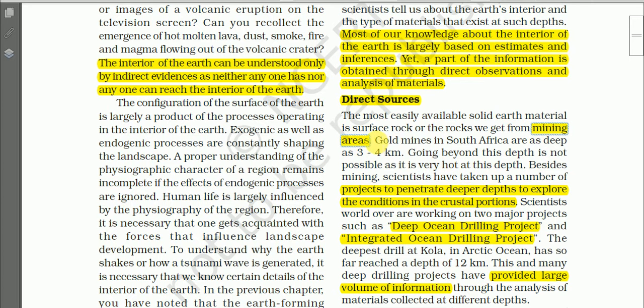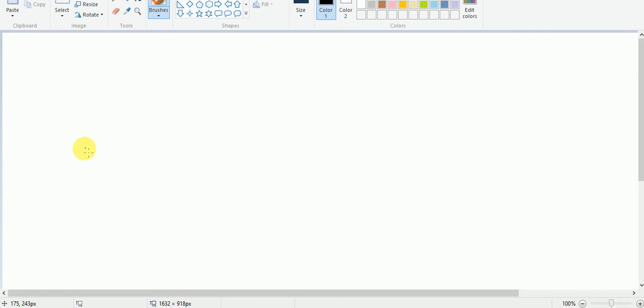For example, gold mines in South Africa are as deep as 3 to 4 kilometers. Going beyond this depth is not possible as it is very hot at this depth. Let me draw. For example, this is the surface, and here we have these minerals.